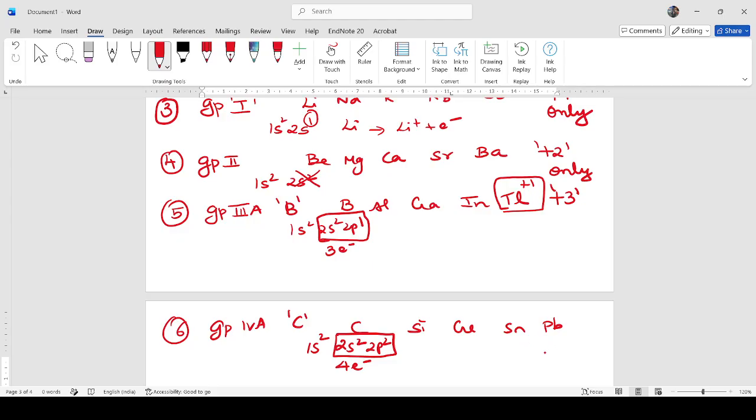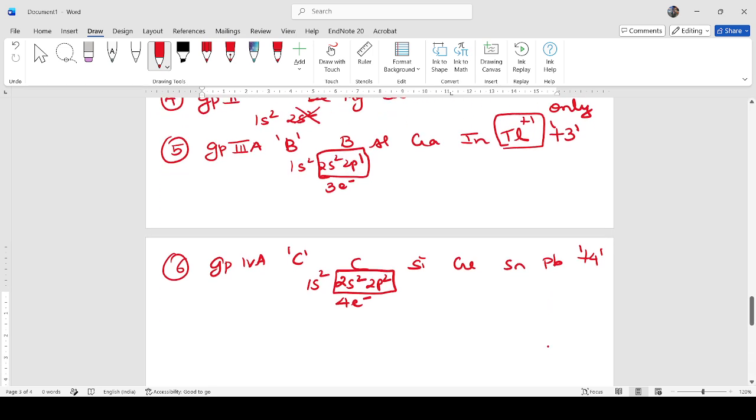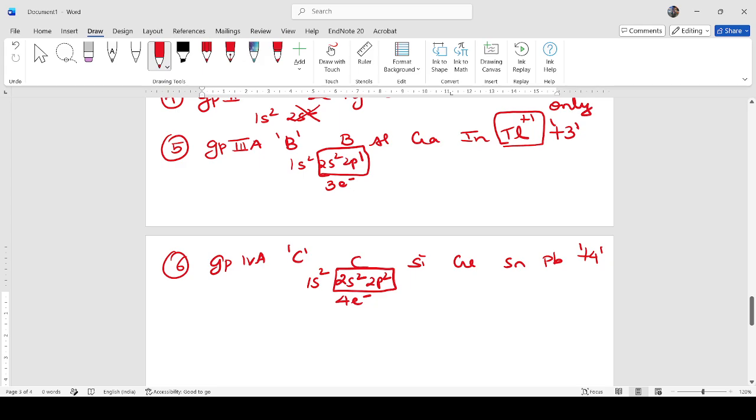So the carbon family preferentially shows +4. From here you have an ambiguity. As it can give 4 electrons, similarly it can take 4 electrons also, to attain stability. So carbon shows from +4 to -4, any state. Here lead preferentially shows the +2 state.